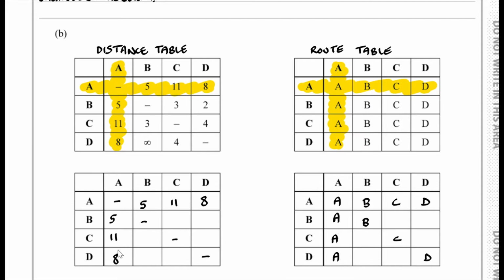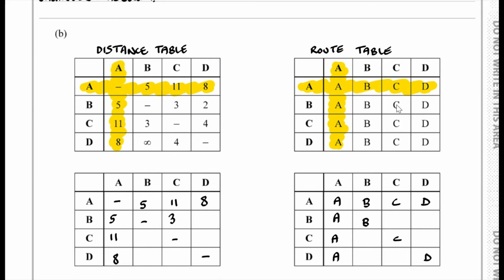this distance table with our iterations, if we consider this element over here, this BC, we take a look at this 3 over here, and then we compare that to the corresponding highlighted part, 5 plus 11. Of course, 3 is smaller than 5 plus 11, so we have a 3 over here, and the letter corresponding to this element remains unchanged.